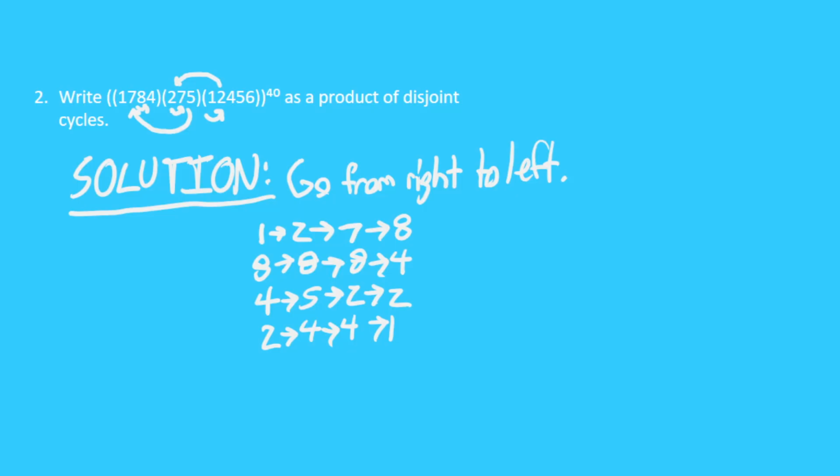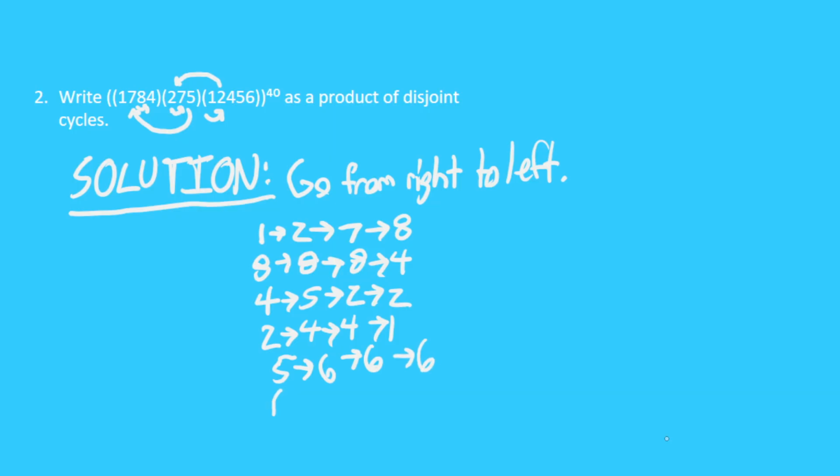And take a look at some of the other elements here. We have 5 goes to 6, goes to 6, which goes to 6.